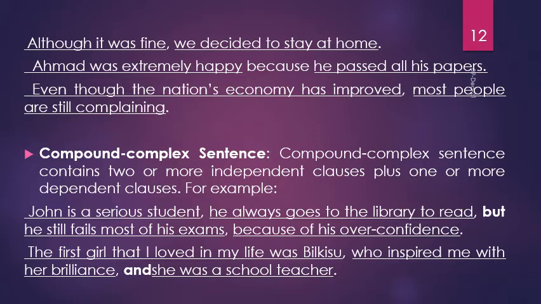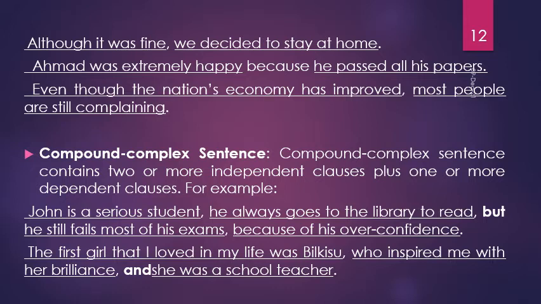Here we have 1, 2, 3, 4 clauses. John is a serious student. He always goes to the library to read, but he still fails most of his exams because of his overconfidence.